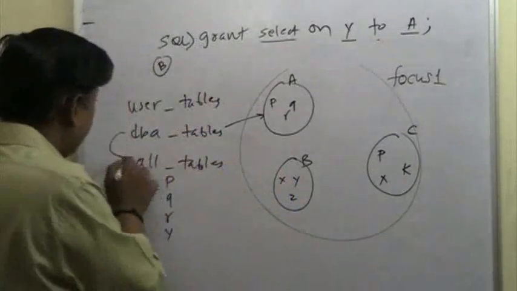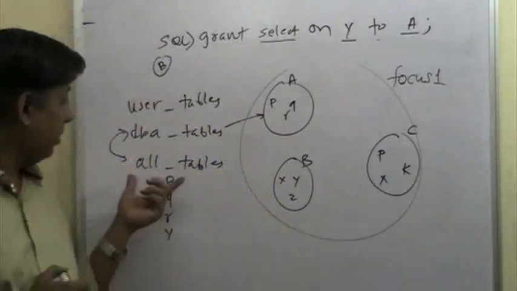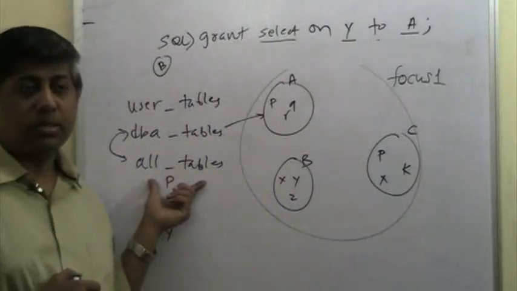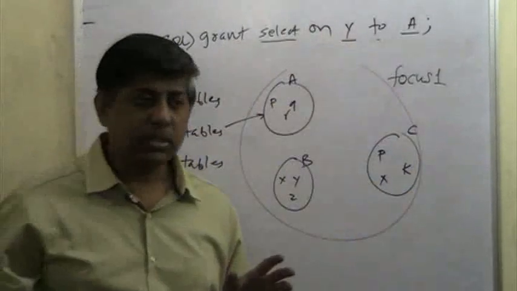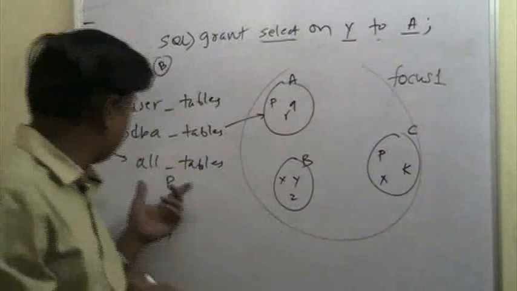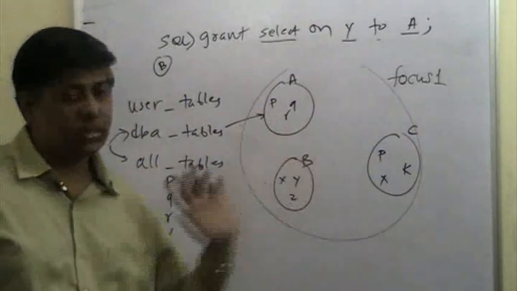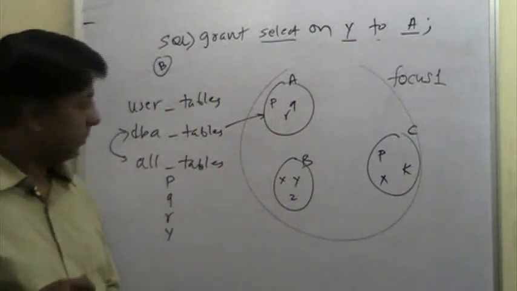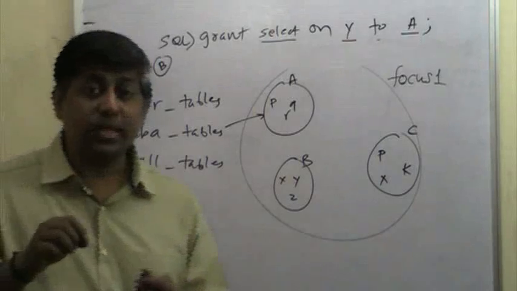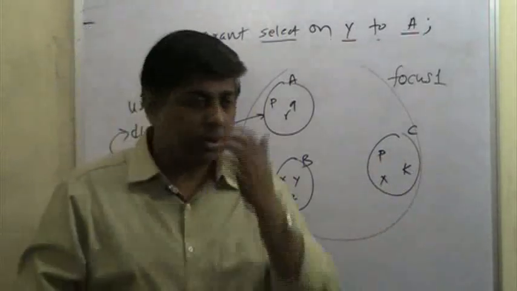Many people tell me that all underscore tables means list of all the tables in your database, which is incorrect. It means that all underscore tables is a list of tables that you own as well as you have access to, which are owned by somebody else. And then DB underscore is actually all the tables.